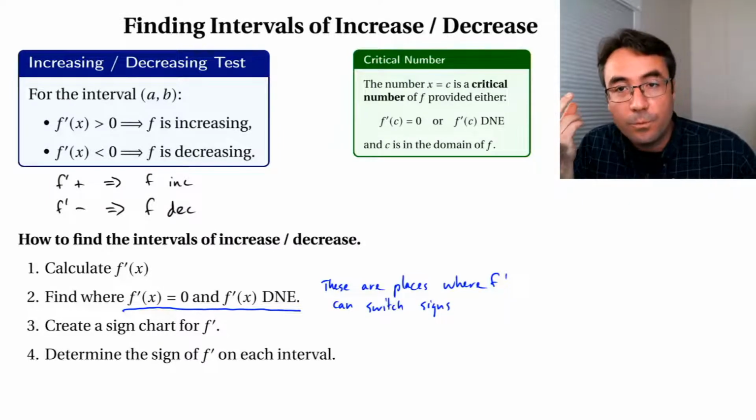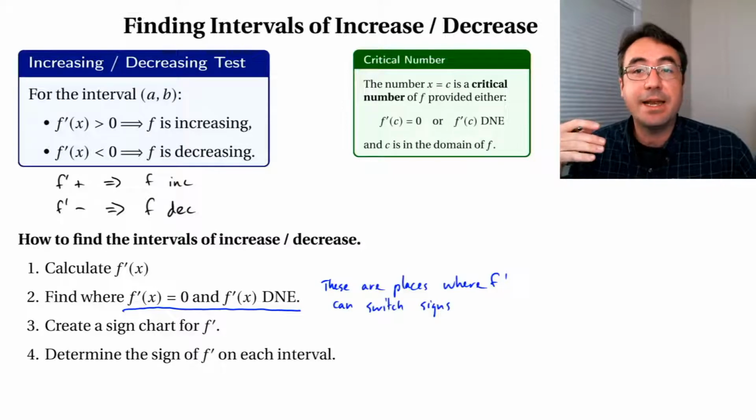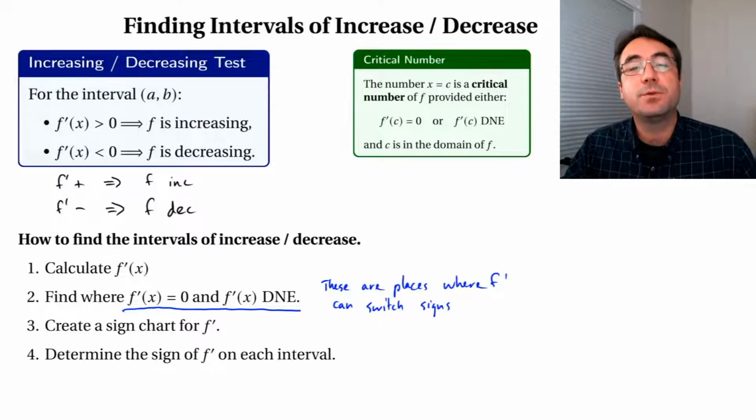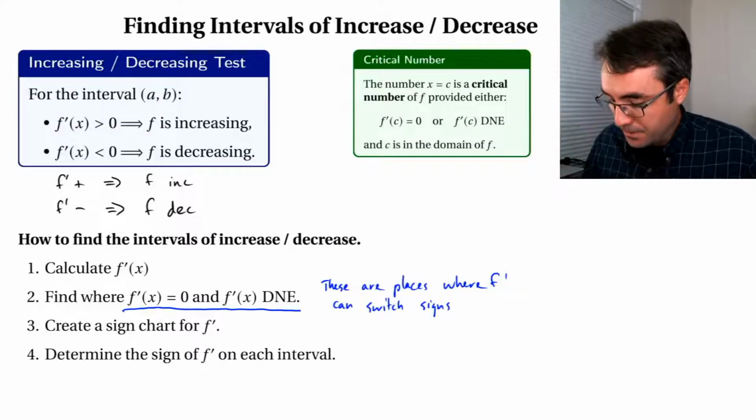So to figure out the sign of f prime, we will first need the derivative. Then we want to figure out where it's 0, where it's undefined. Those are the places where it can actually switch signs. And then we'll do our sign chart to figure out the sign of f prime in between.